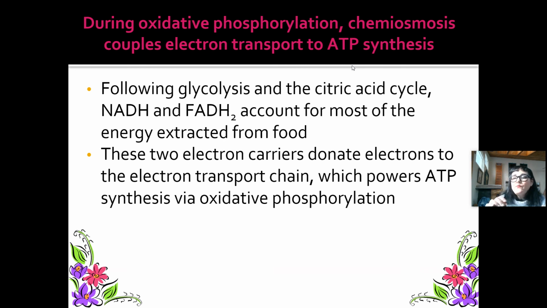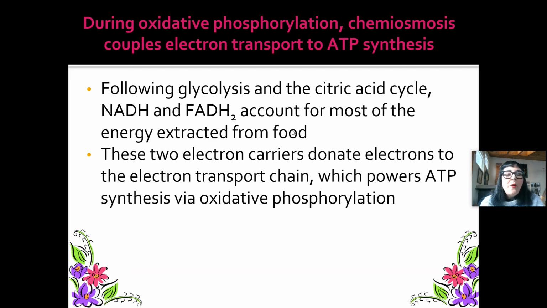So again, after glycolysis and the citric acid cycle, we have all these high energy electrons in these electron carrier molecules, NADH and FADH2. These high energy electrons account for most of the energy extracted from food. What food? Glucose.